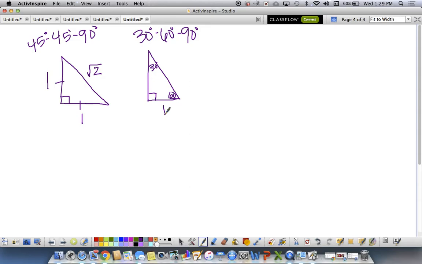If that short side is 1, what's my hypotenuse? 2. If my short side is 1, what's my long side? 1 root 3, or just simply root 3. These two triangles I draw hundreds of times every school year.